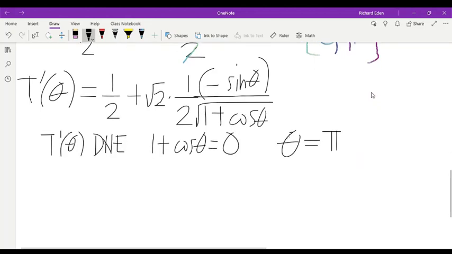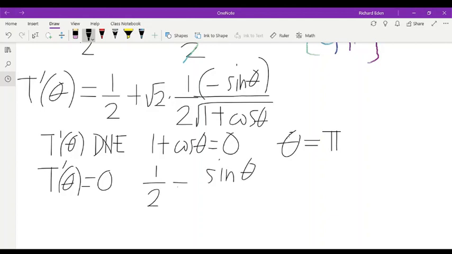Now next, when would T prime of theta be equal to 0? So that's going to happen if you solve this equation. So you have 1/2 minus sine of theta with the square root of 2 over 2 square root of 1 plus cosine theta equals 0.